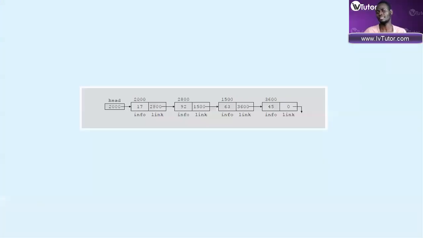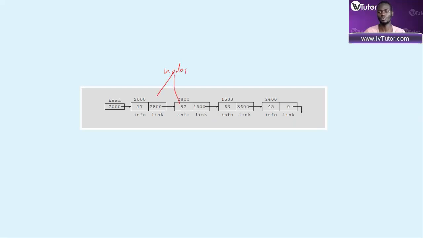So basically, when you talk about a linked list, we are talking about a collection of items, right? The same way you can have a collection of items in an array, you can have a collection of items, this time in a list. So a list is made up of what we refer to as nodes.